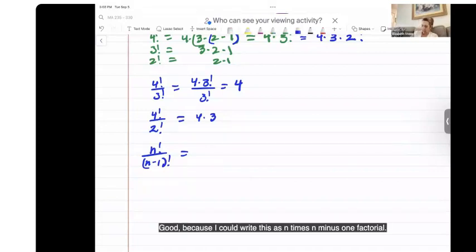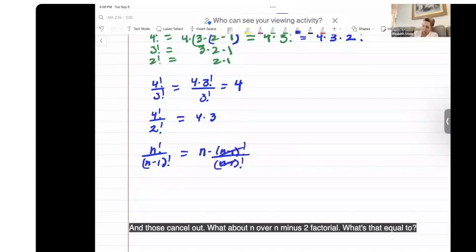N, good. Because I could write this as n times n minus 1 factorial, and those cancel out. What about n over n minus 2 factorial? What's that equal to? N times n minus 1. All right, last one.